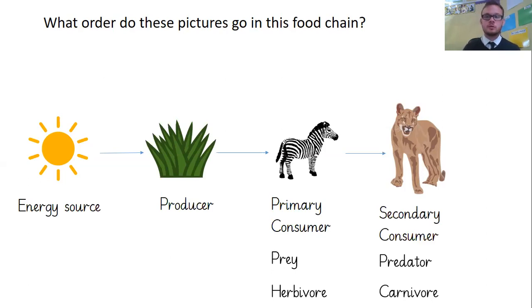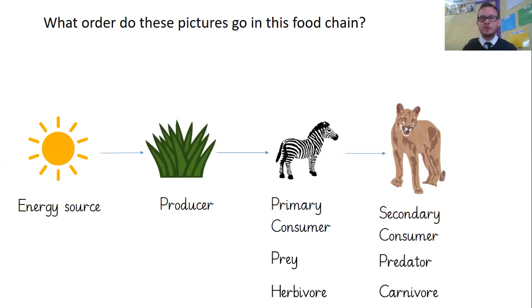Wolf, tiger, sharks. I wouldn't say, though, humans are a carnivore. What word would you use to describe humans? Because we eat both meat and vegetation. As your parents will be saying, you need to eat your vegetables. So what would you call a human when it eats both?